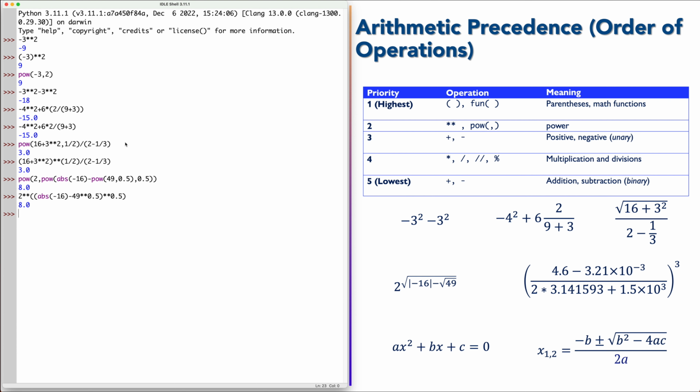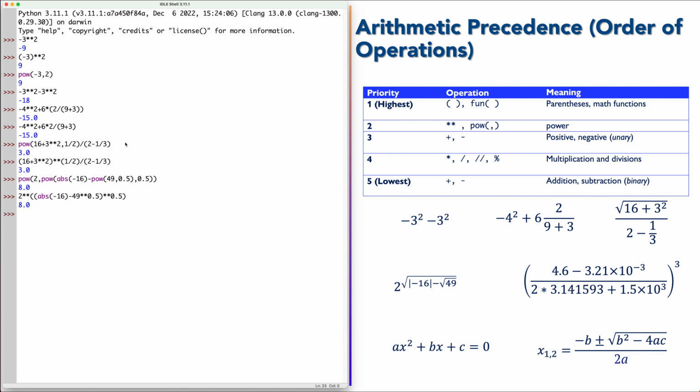Always keep in mind to use the parentheses economically. That means don't use too many parentheses because they could be very confusing. Yes, it could be safer, but too many parentheses could be very confusing for the reader.